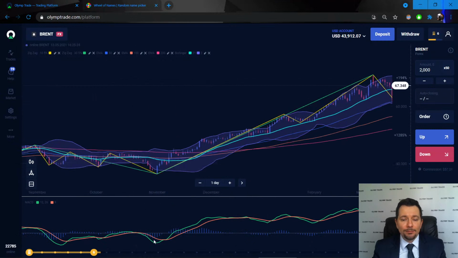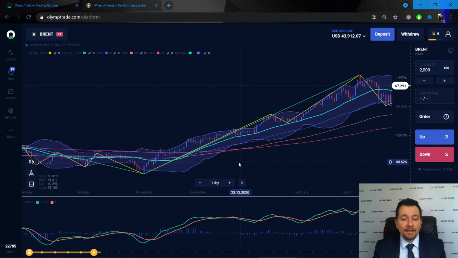So whenever price breaks out of the histogram, so right here the orange line broke out, and on this candle right here, the very next candle after the breakout, would be a buy, and that's exactly the buy signal that we're looking for. So what I'm looking for is the orange line to break out right here. These two candles, this difference, break out of the histogram. Now the reverse, the sell signal, would be the same thing right here. So a sell signal right here, but price is moving up.